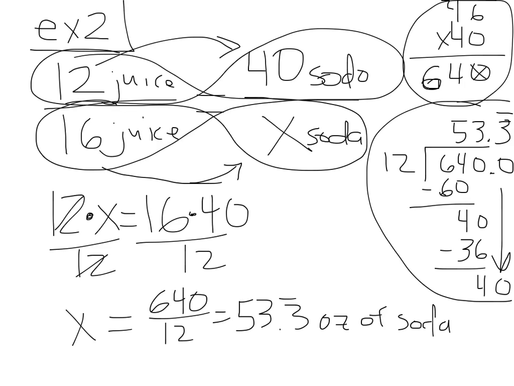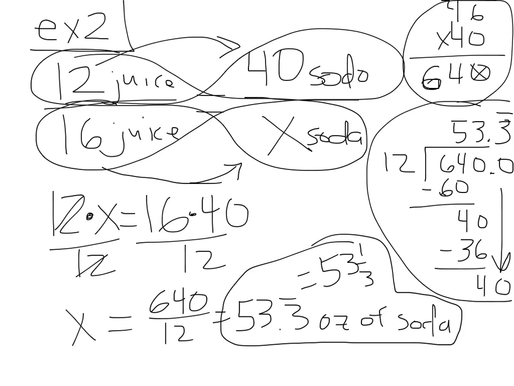In the book they have 53 1/3, same thing, decimal or fraction form, but it would be ounces of soda for your final units. And that is example 2. Let's go to example 3.